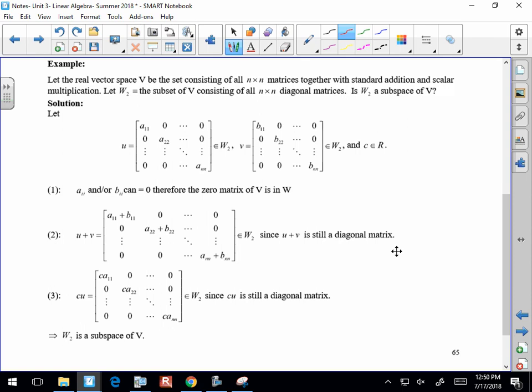Here we're defining it a little more verbally rather than in terms of the general form, like a, b squared, whatever, as your column vector. It's more like, here's the form of the matrix that we're looking at. Will these operations preserve that form? If the answer is yes, then it's a subspace. If the answer is no, it's not.